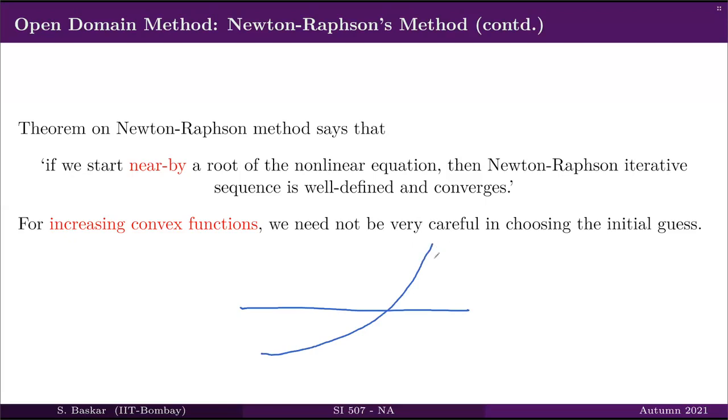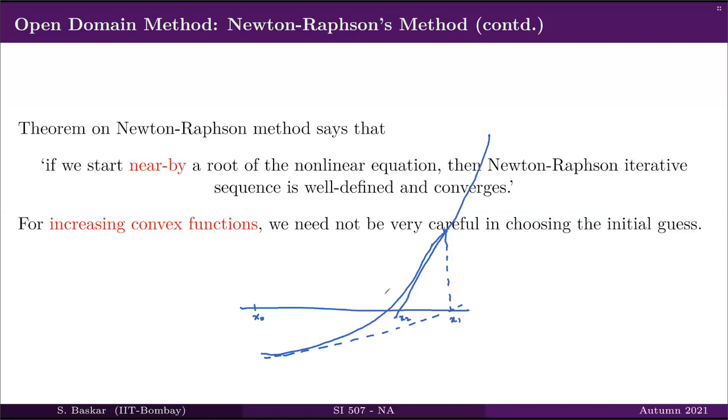It just goes on like this. It's a convex function and it's an increasing function. Then anywhere I choose, even my x naught very far from the root, it will be going like this because it's a convex function. Then you have x1 here, x2 here, and so on.